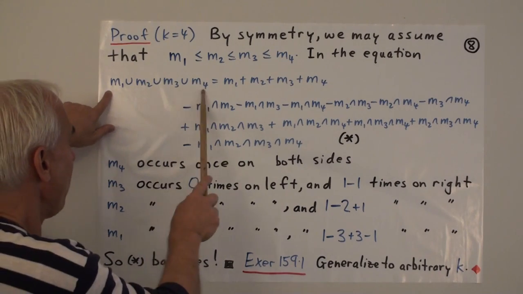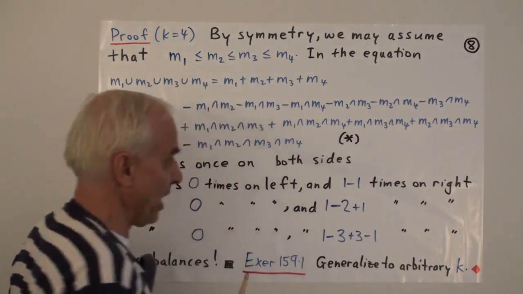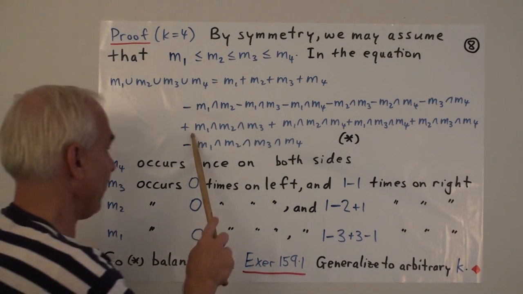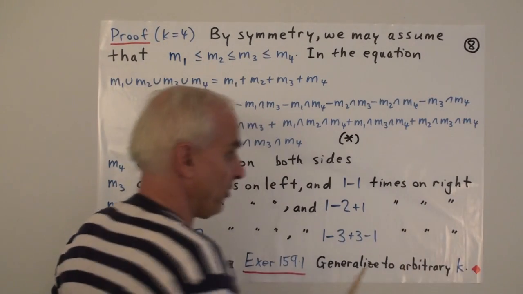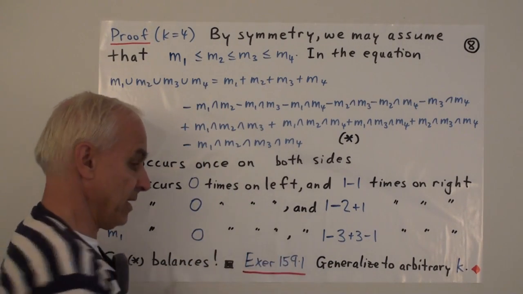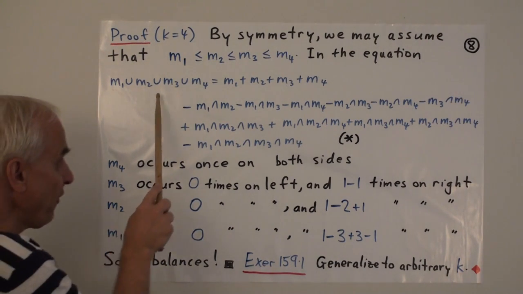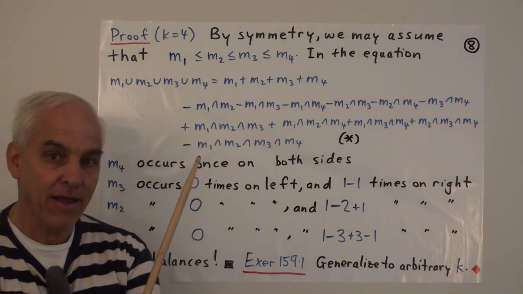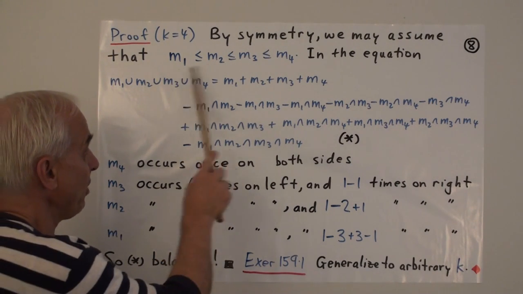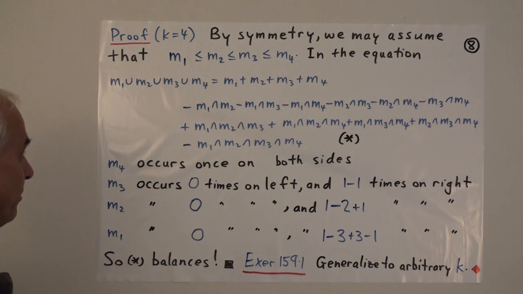So here's the union of all 4, the sum of all 4, and then here we have the subtraction of all the various pairs of intersections, and then we have the sum of the various triples of intersections, and then we subtract again the intersection of all 4 of them. So we want to prove that this is an identity that's valid for all integers m1, m2, m3, m4, and we may as well arrange that they have that relation.